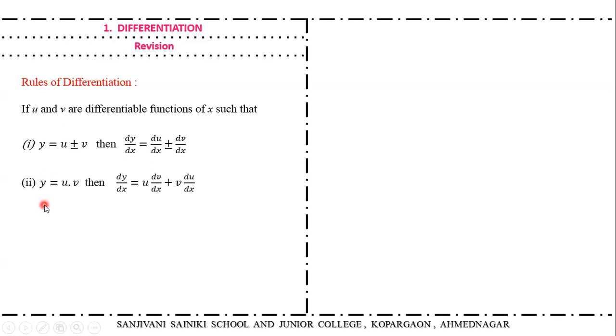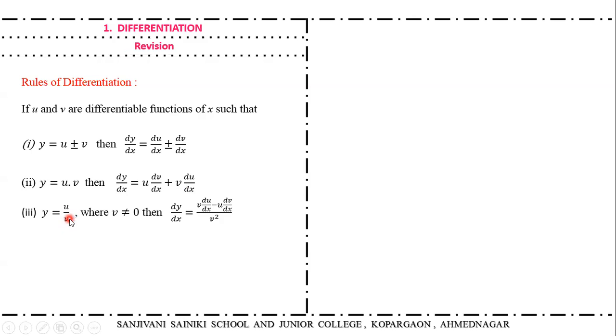The second rule is y is equal to u into v. It is also called the product rule. How to find the derivative of the product of two functions? We have to keep the first function as it is into derivative of the second function, then second function as it is into derivative of the first function. This is called the product rule. Then we have studied the quotient rule.